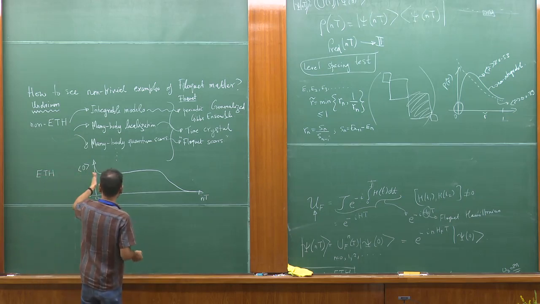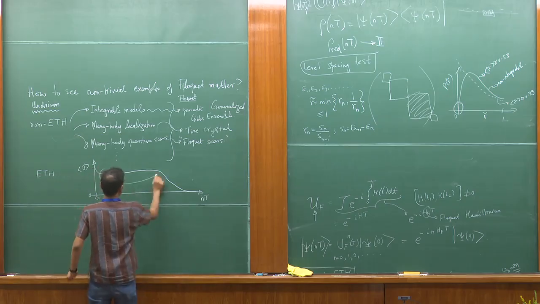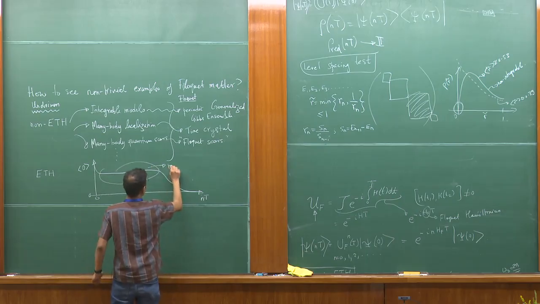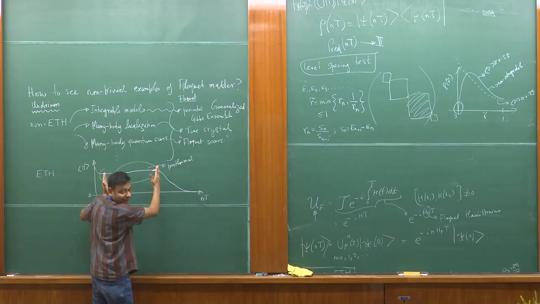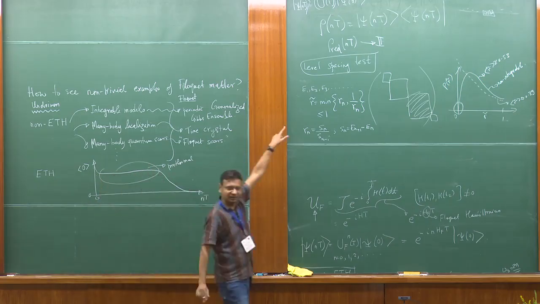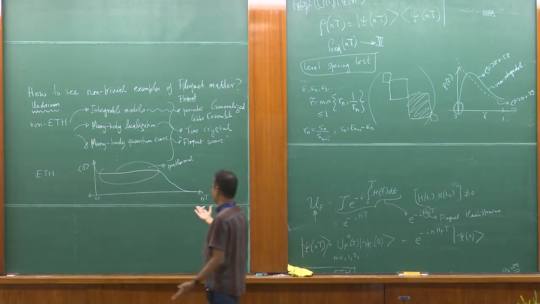But what I'm saying is it can happen that when you drive the system periodically, it can show some very interesting pre-thermal physics. So it can show some non-trivial physics in a big time window, and after which it eventually relaxes to this trivial physics. Okay, so of course that is also very interesting, right?